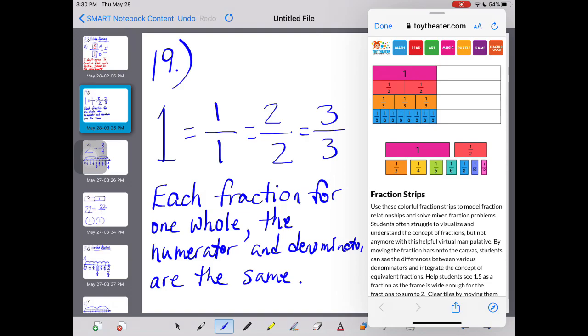Boom. There's your pattern. All right, let's go on to number 20.